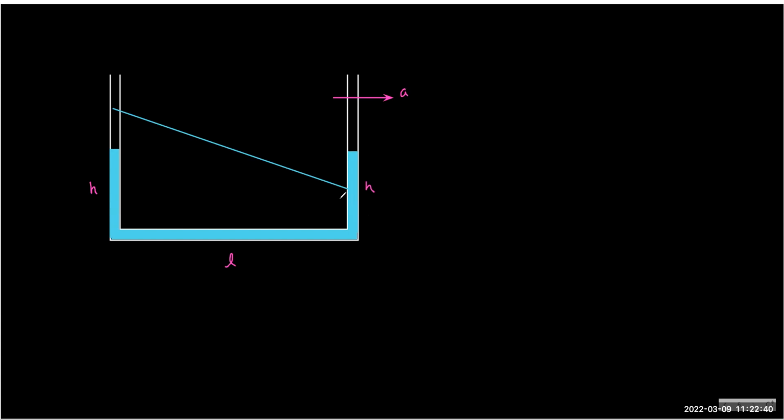Here the new height will become H1. It's the same thing. Whether it's a tube problem or a vessel problem, the way of solving is the same. So you can write the length of perimeter as the same. Earlier the perimeter was H plus L, and now it is H1 plus H2 plus L. So the same answer.